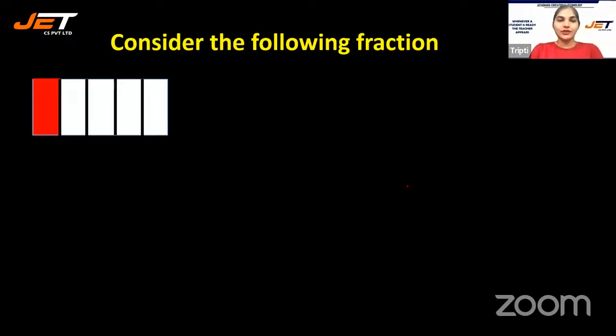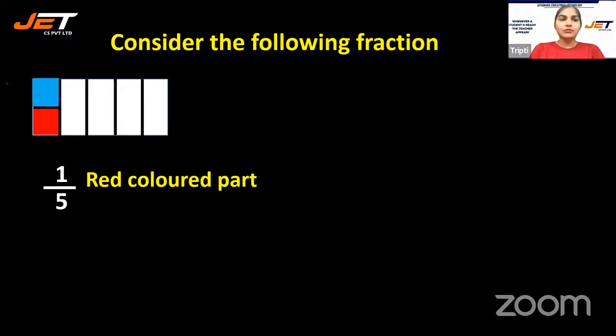What's the fraction of this red shaded portion? Yeah, so this is 1 by 5, 1/5. Okay, 1/5 is the fraction of the red colored part. It is the 1/5 part of this rectangle. If I cut it into two equal parts, and let me call this the blue part, what is the fraction of this blue part?